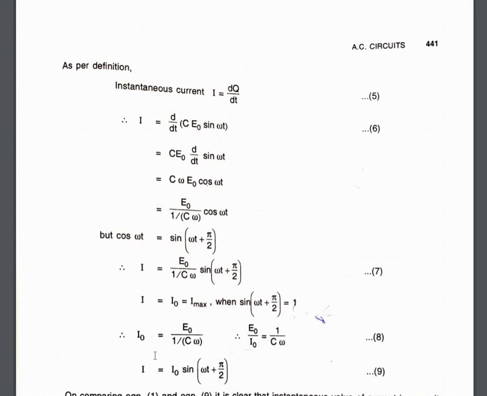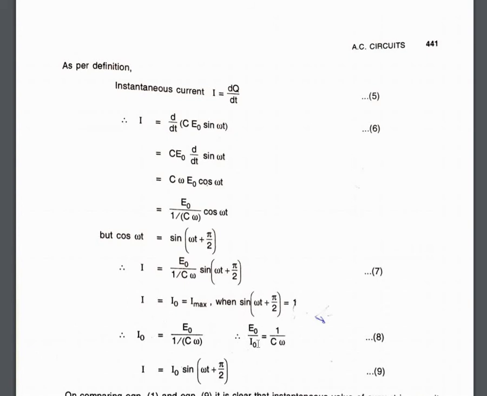So what is I max? I0 is equal to E0 divided by 1 by C omega. This is the amplitude. So E0 by I0 is given by 1 by C omega. What is E0 by I0? It is the impedance, or in a circuit containing a capacitor, this is the capacitive reactance.